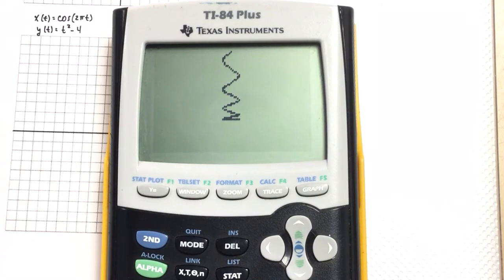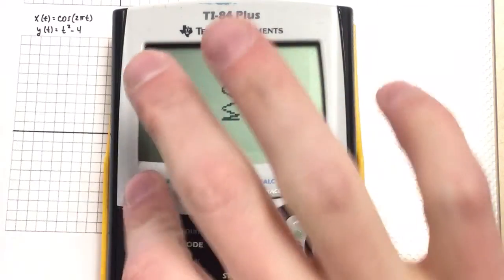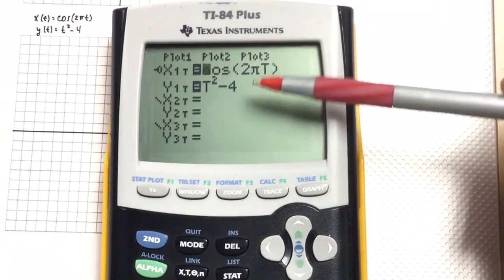Cosine goes back and forth and back and forth for the x. Well, the y is t squared. What does x squared look like? That's our parabola. Well, the y went down and then back up. It hit the minimum. It went down and then back up. So that's because we actually had that t squared.